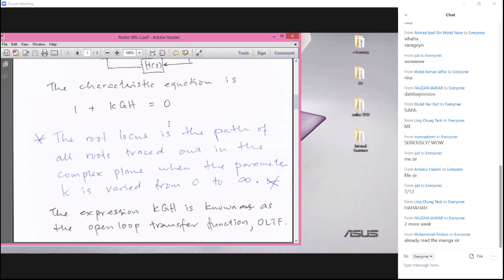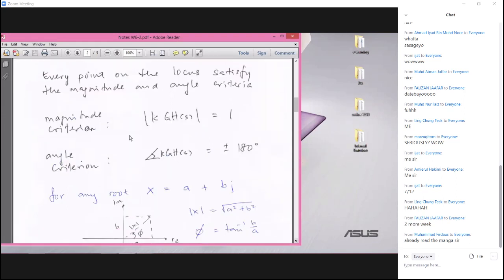So if you look closely at the characteristic equation, KGH here is going to be equal to -1. So on the complex plane, we can say that every point on the locus must satisfy that the magnitude of KGH must be equal to 1. KGH is a function of the complex variable s. So every point on the locus must satisfy these two criteria. One is the magnitude criterion. The magnitude of KGH must equal 1. And the angle of -1.